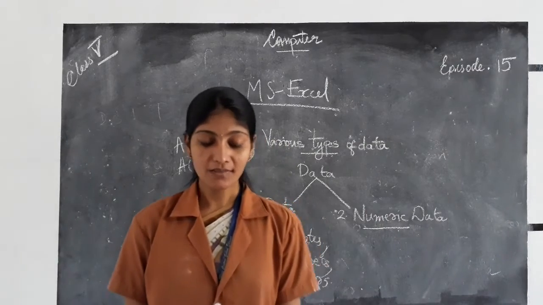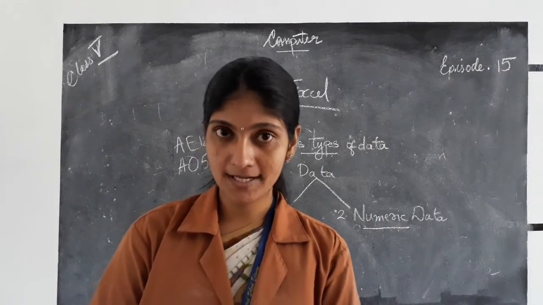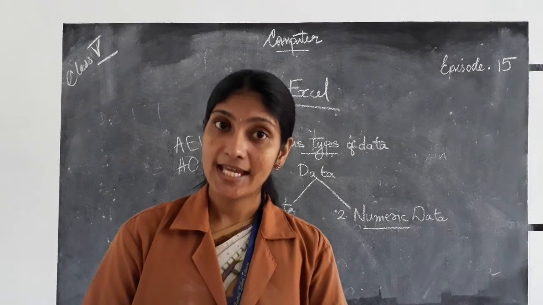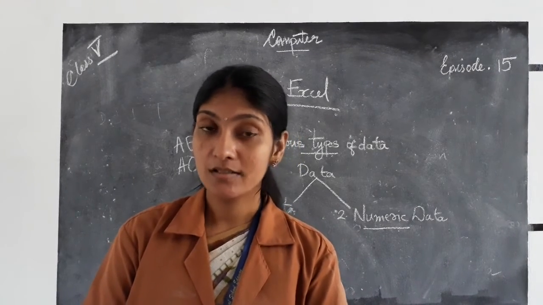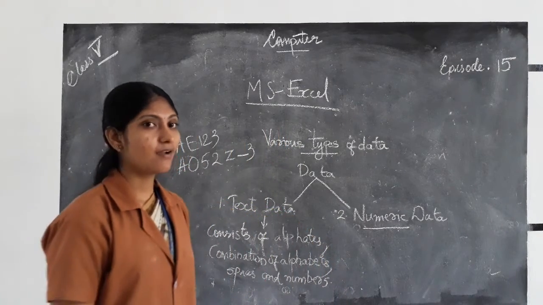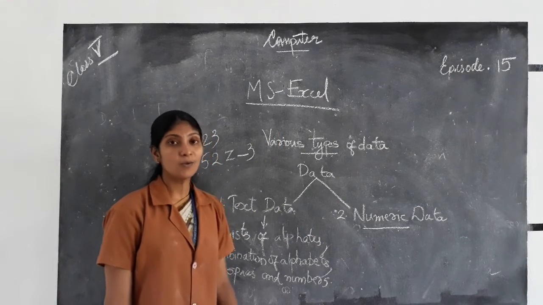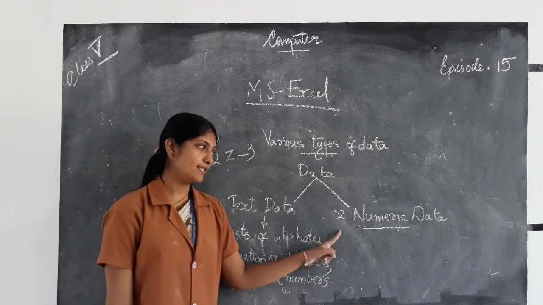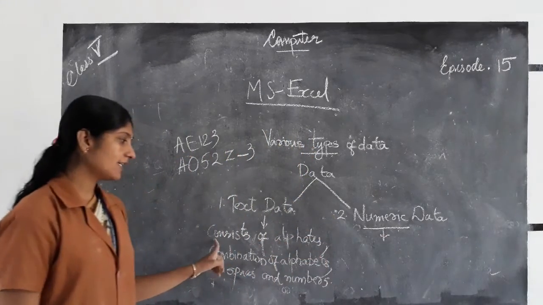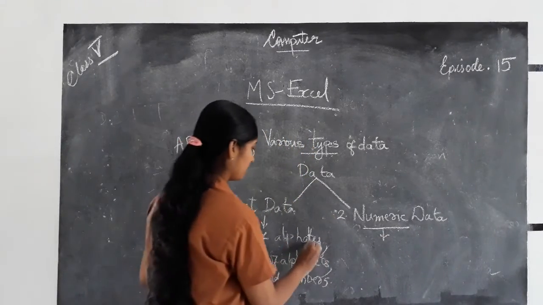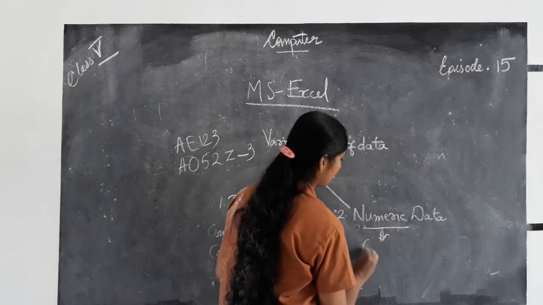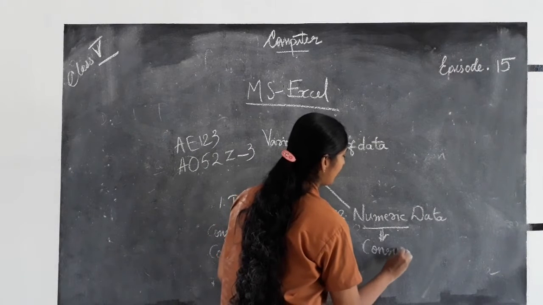Here the numeric data includes the numbers 0 to 9 and the characters plus, minus, exponent, percentage, dollar, then mod symbol or slash symbol, left bracket, right bracket, comma, etc. So once again, we know text data consists of alphabets, but numeric data consists of numbers from 0 to 9.